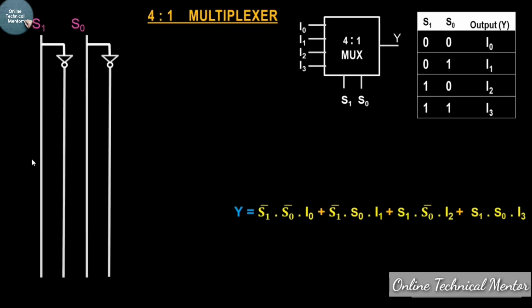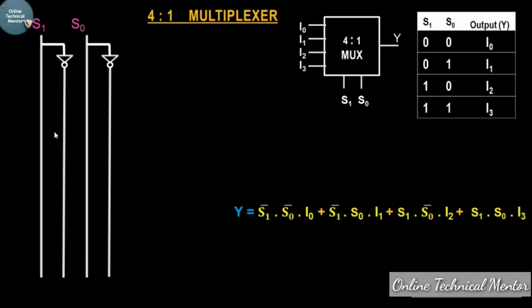This is the S1 line, and draw another connection which is an inverter, and it will be treated as the S1 bar line. Similarly, this is the S0 line, and this will be treated as the S0 bar line. So this is the invert of S1, and this is the invert of S0.